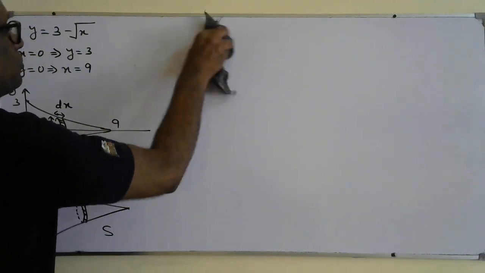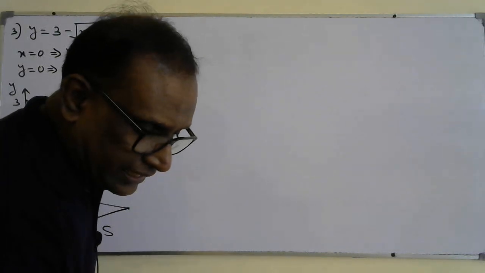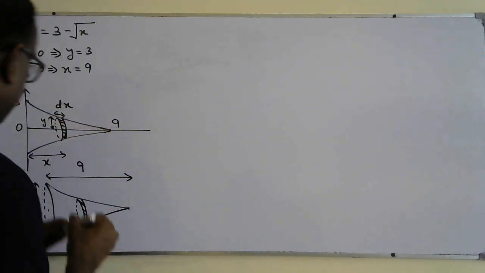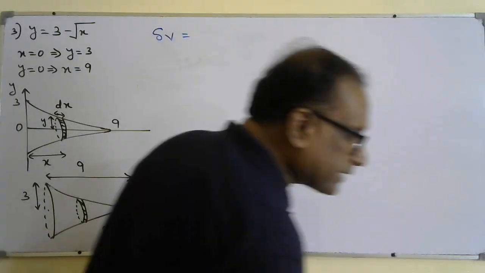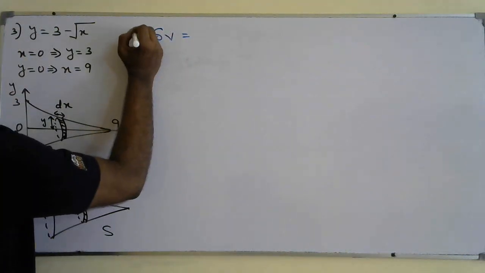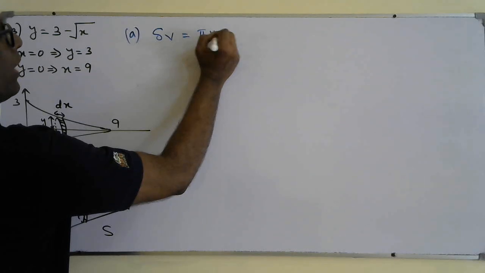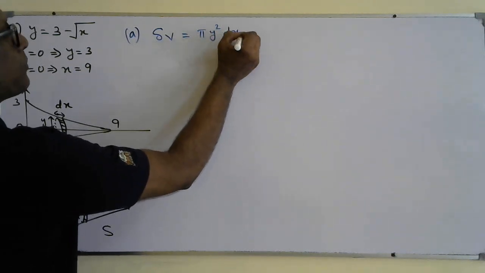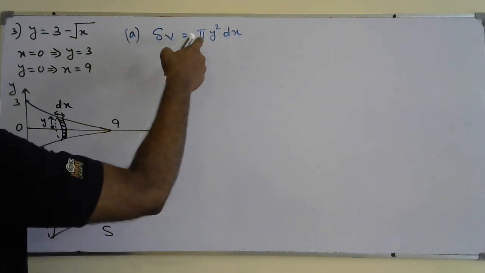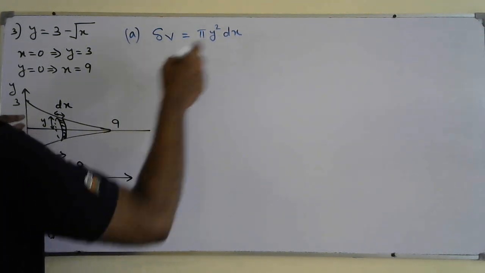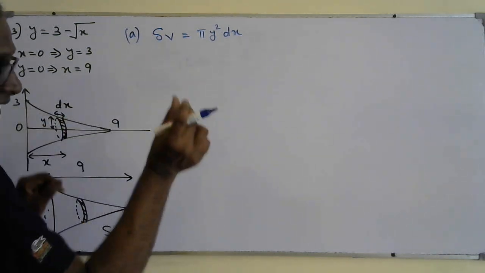The same method we do everywhere when we get a question like this. So delta V is equal to pi y squared dx, where y is the radius and dx is the thickness, or the height of it.